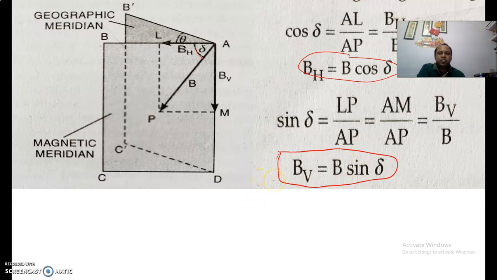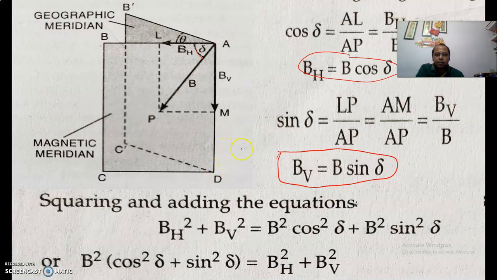Now, if we take the Pythagoras theorem or the coordinate system, then if we square them and add them, we will get B square cos square del plus B square sin square del, and when we take common, cos square del plus sin square del will be equal to 1.